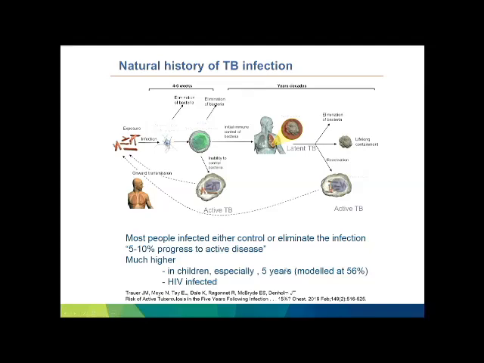In their cohort, children under the age of 5 years were modelled at having 56% conversion from latent TB to active TB. And of course, HIV infection is a good example of where a co-infection leads to more rapid progression of TB. So the risk is about 7 to 15% per annum of progression to active TB if HIV is untreated.